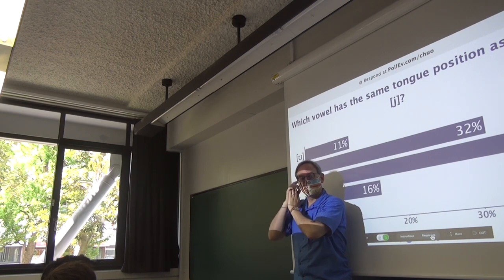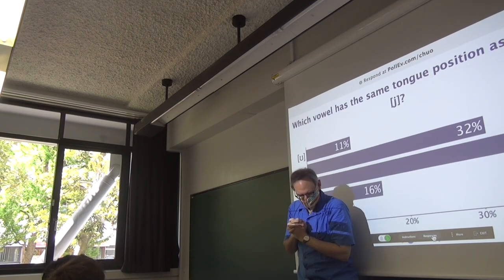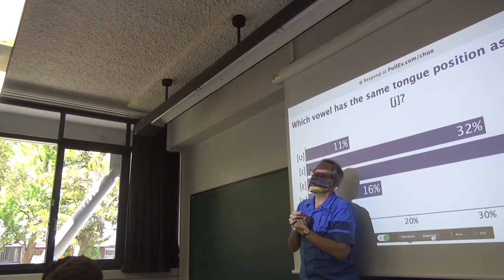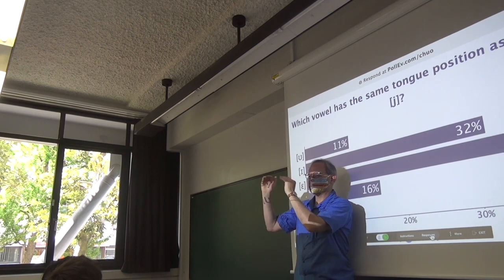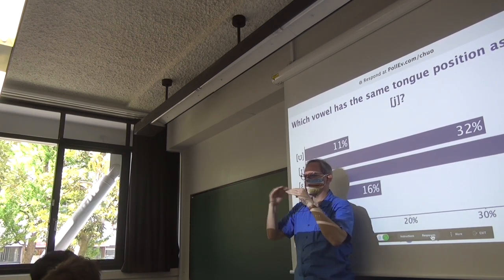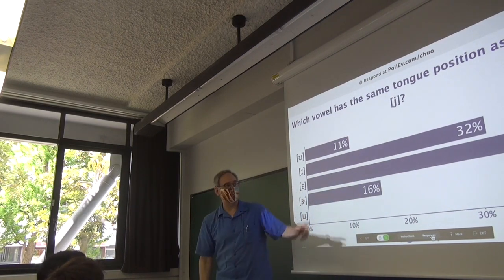What's a good word? Yo. Is there a yo word? Not a common word. Yoda, right? The Star Wars character Yoda. You can feel your tongue pulls back away from this high front position.